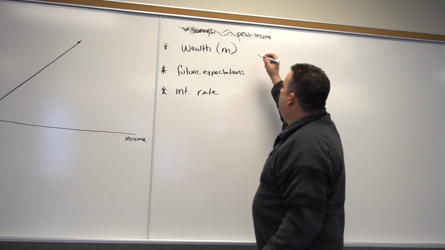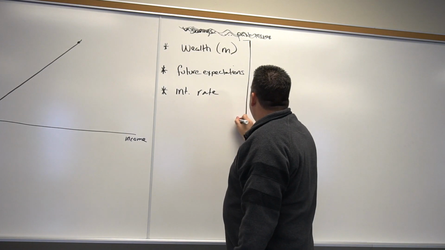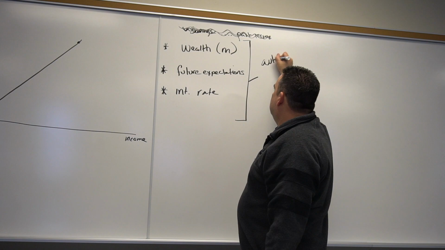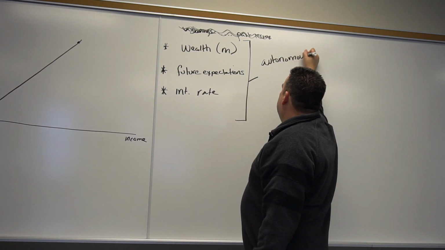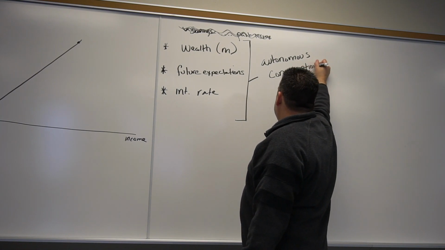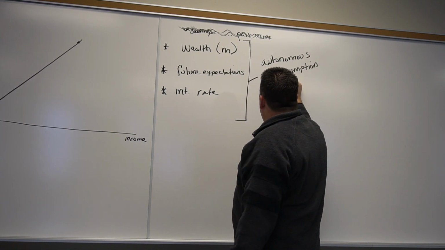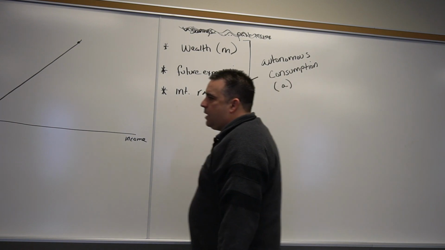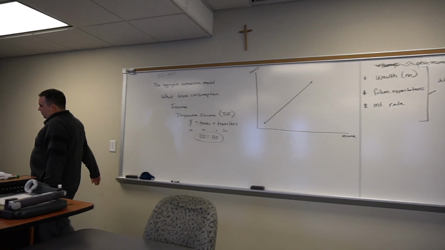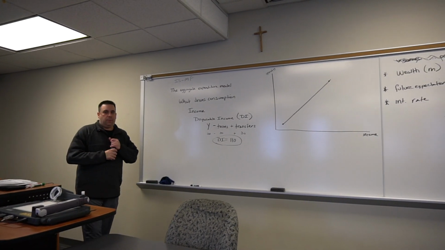That's actually important. All of these factors lead to what we call autonomous consumption. We use the variable lowercase a to stand for autonomous consumption. And we actually will use that variable, so write that one down.